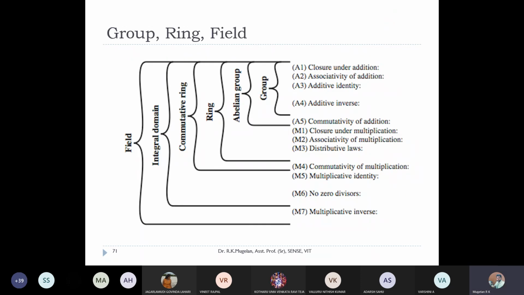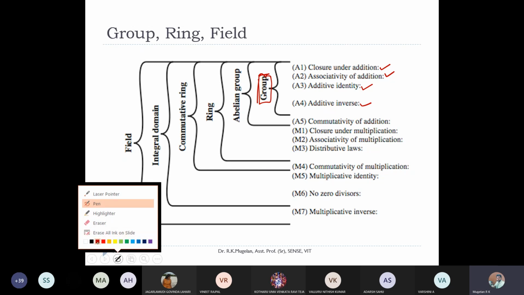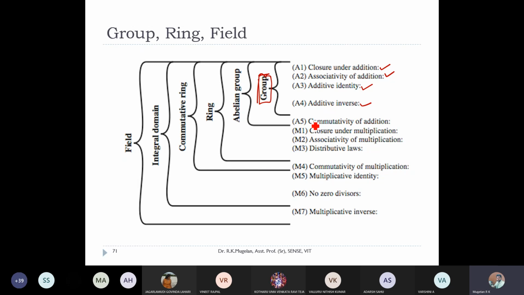Let me put everything under one umbrella: group, ring and field. Suppose group uses addition as an operation. This addition satisfies closure, associativity, identity and inverse. With this one operation, I can call it a group. Now I make that group a commutative group: it also satisfies the fifth property, the commutative property.